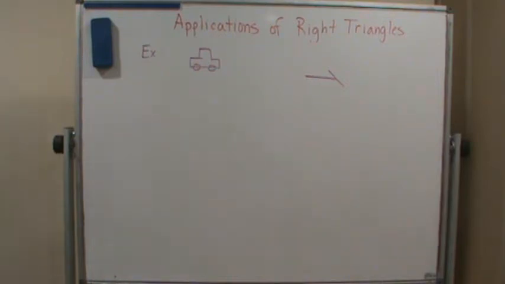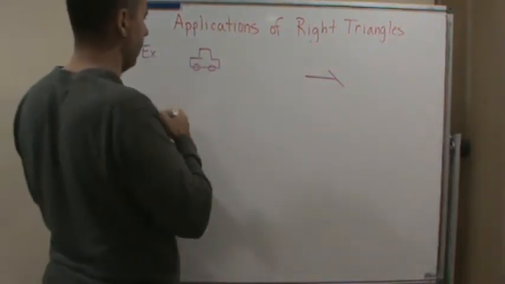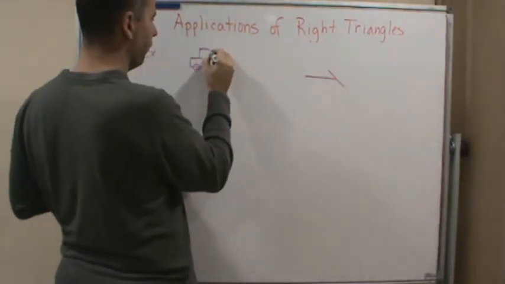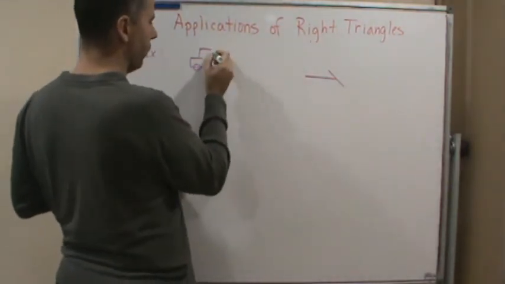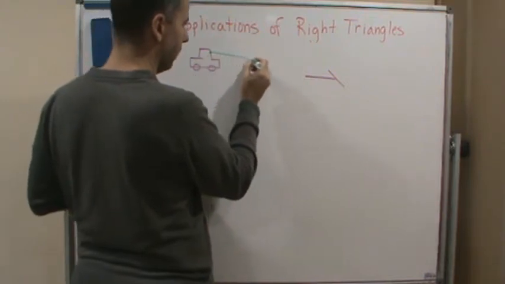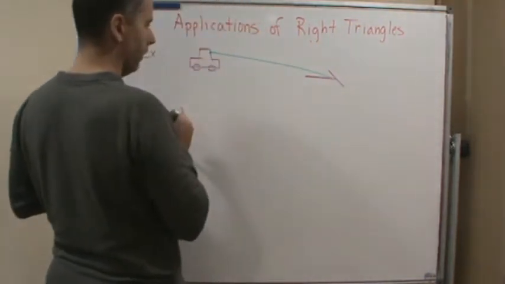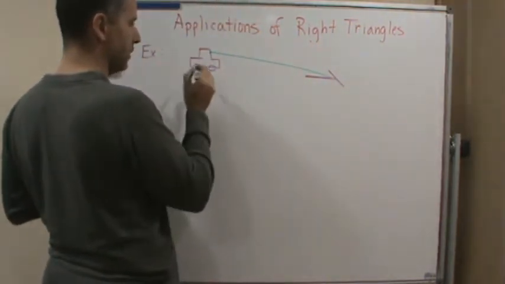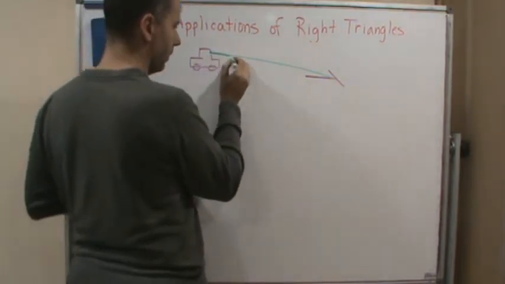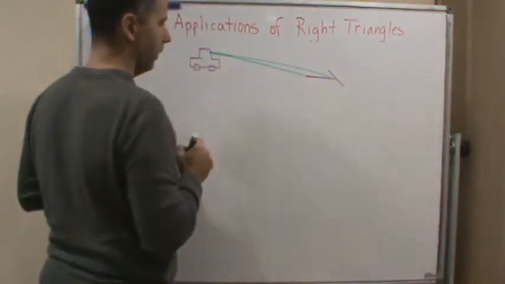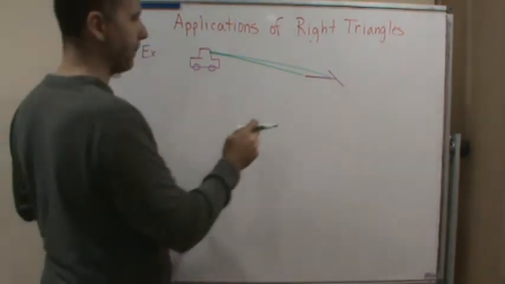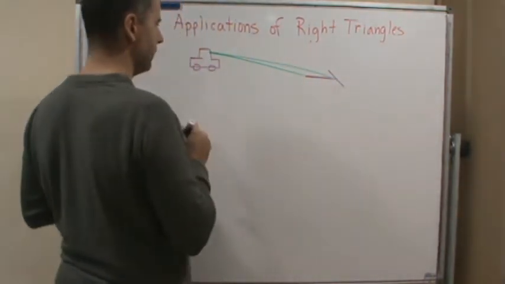Let's say our eyes are from right here, and we want to find that distance, and then there's that distance from the top of the T to the bottom of the T.